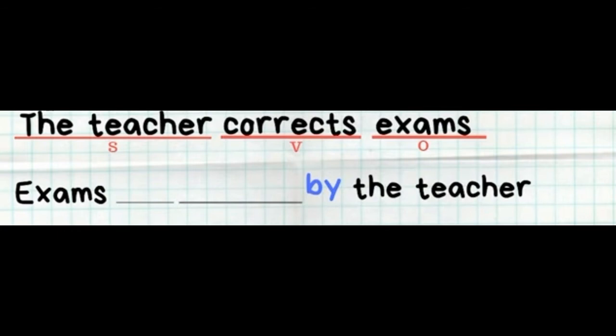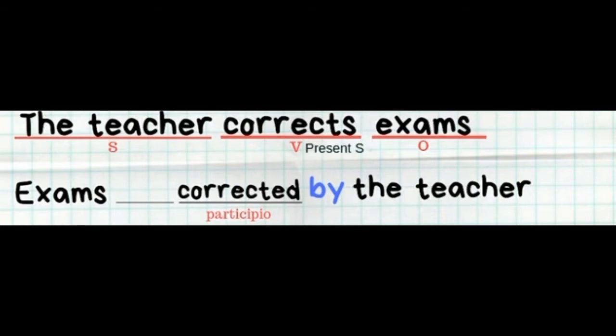What words are these? First, the participle of this verb, corrects. It's a regular verb, so we have corrected. And we are missing the verb to be. If we review this sentence, the verb corrects is in present simple.